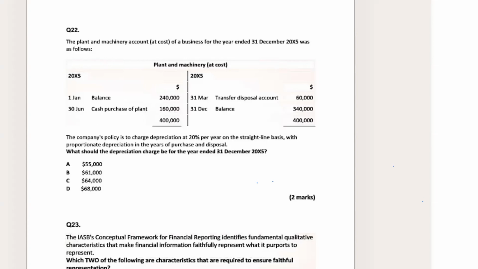Okay, just a minute. Let me calculate. I'm calculating. Okay, thank you. Others, can you still be calculating? What about others?